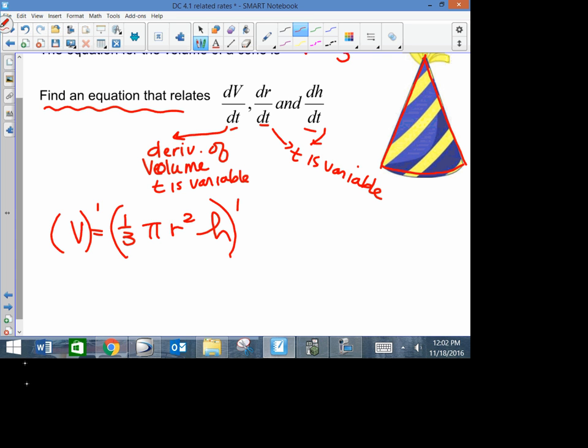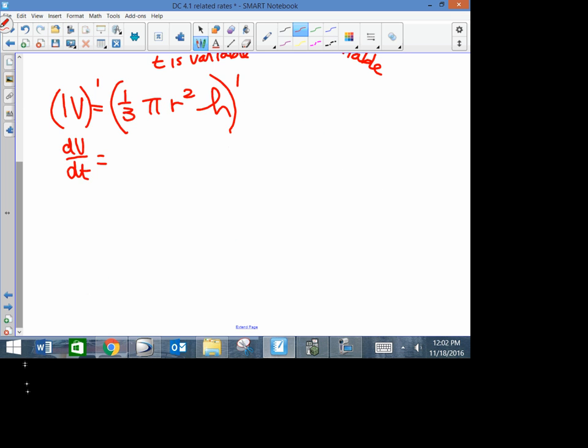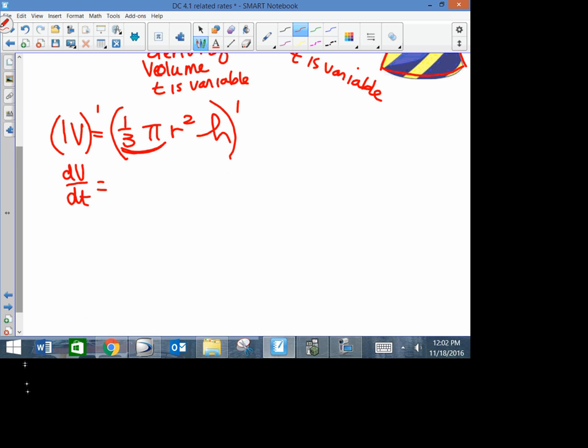Because there's no t involved, right? All right, so dV/dt, that's the easy part. Done. Remember, the derivative of V is 1, and then you do dV/dt because you're not dealing with V. Okay, now 1/3 pi is a constant, so I'm just going to pull that around.